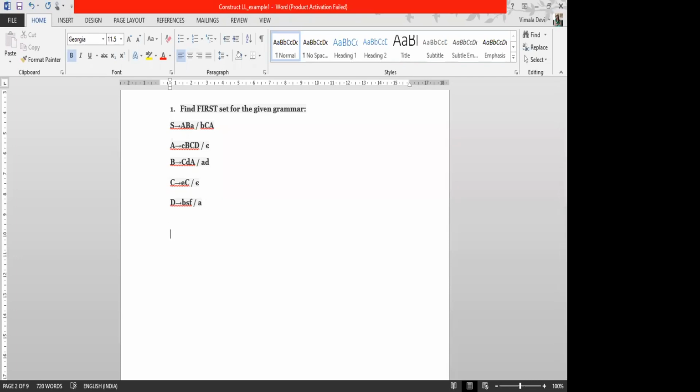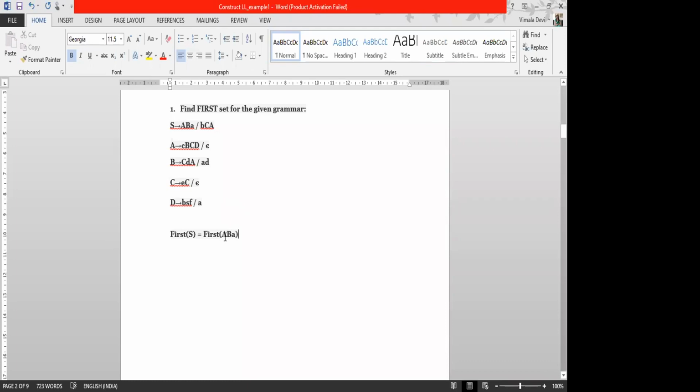I cannot show the parse tree, but I will show it like an equation here. First, we are going to identify for S. We have two alternatives for S, isn't it? One is ABA, another one is BCA. So first let me take ABA.